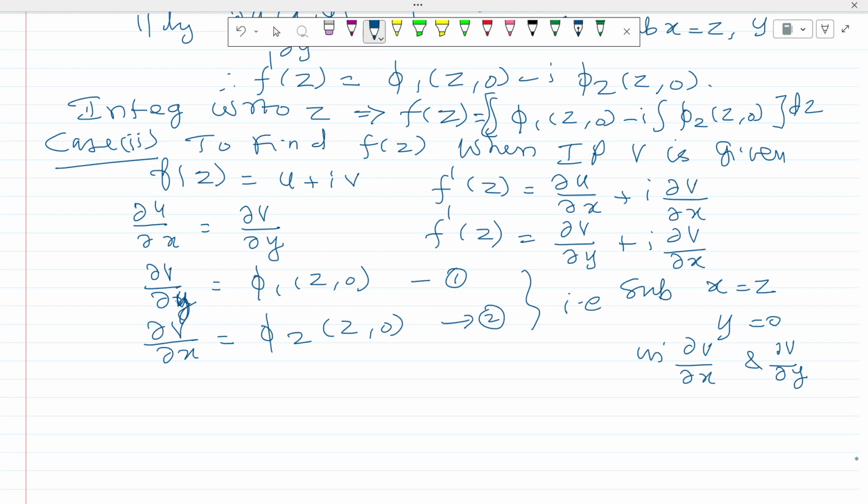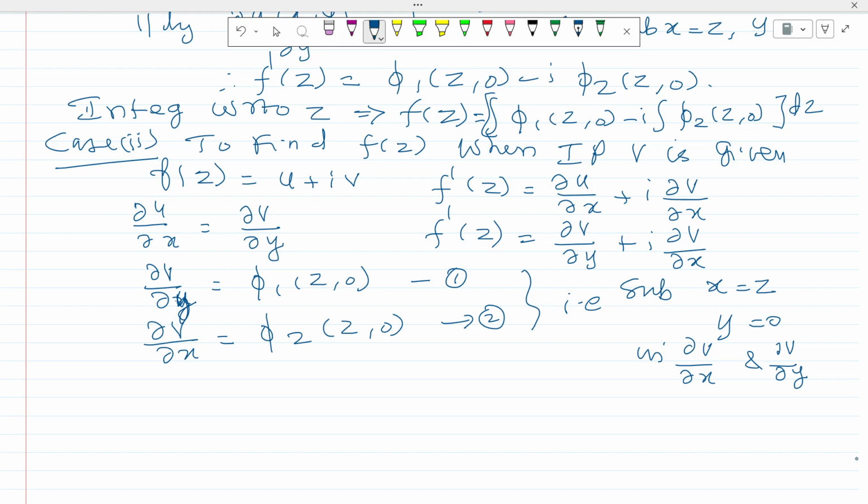U is given, differentiate with respect to x, differentiate with respect to y, substitute x equal to z, y equal to 0, then integrate. In case v, the imaginary part, is given, it is the same: differentiate with respect to x, differentiate with respect to y, substitute x equal to z and y equal to 0.